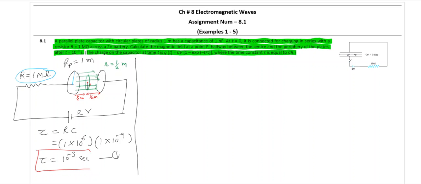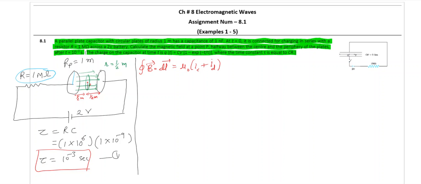Now how do we find the magnetic field at point P? If we apply Ampere's Maxwell law, it says the closed integral of B dot dl is equal to mu 0 times (IC plus ID). What is IC? Conduction current.